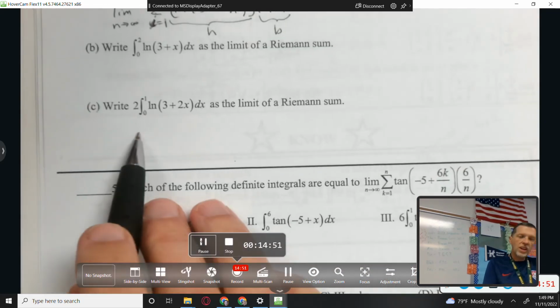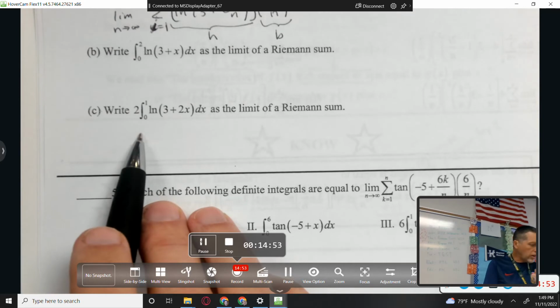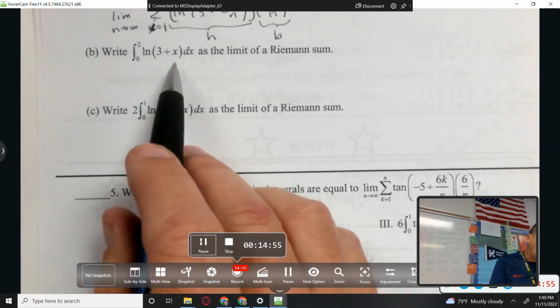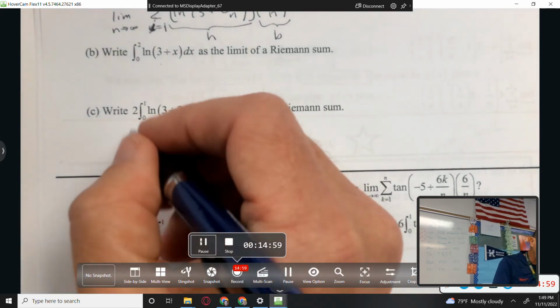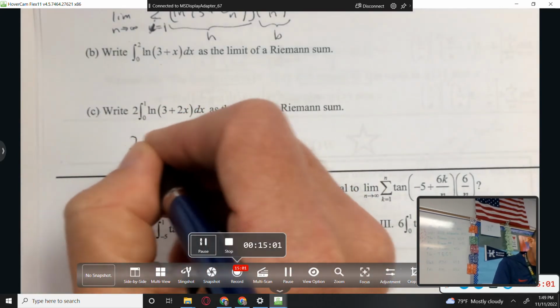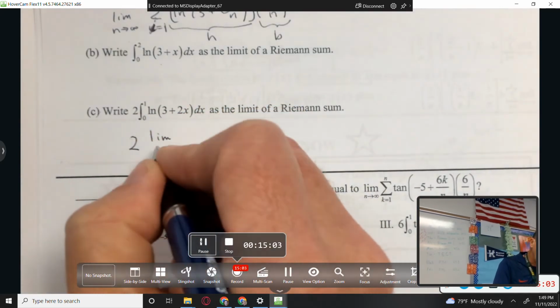For C, so for a 2 out in front of there, we can pass on B. A 2 out in front just means you can stick the 2 out in front of everybody.